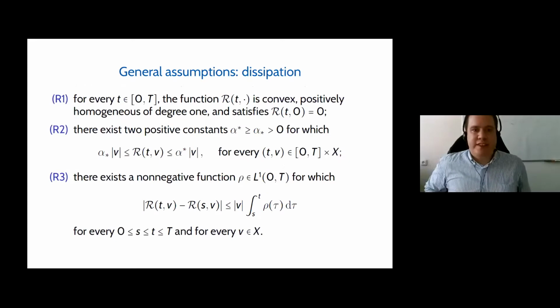What can we do with dissipation? As I told you before, something quite classical for rate-independent systems. So the potential is convex, positively homogeneous of degree 1, and 0 in the origin. If you have worked with elastoplasticity or other applications of rate-independent systems, this is usual. You have also some bounds.